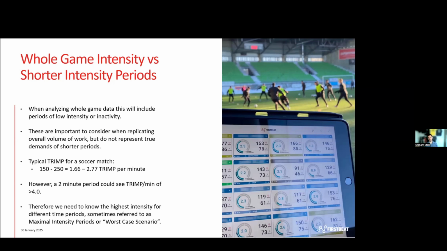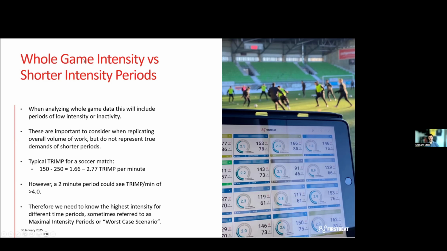By looking at the whole, you get an idea of the overall volume of work that they're being asked to do, how long it takes, what the total loading is, and how that impacts within your week and the total loads that the players would need to do within that week. But you also need to consider the shorter periods within the game to get a true idea of the demands being placed and the intensities that they're having to go through.